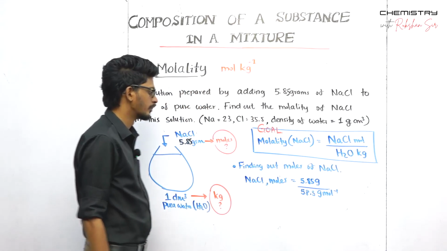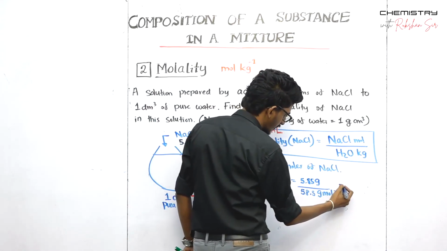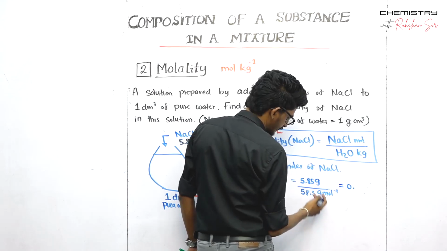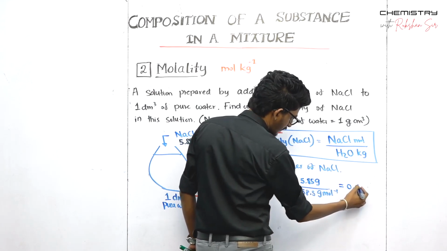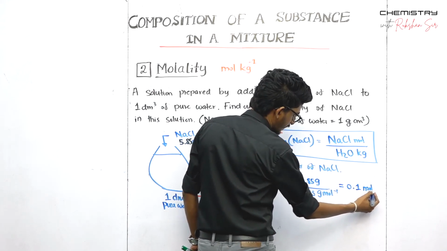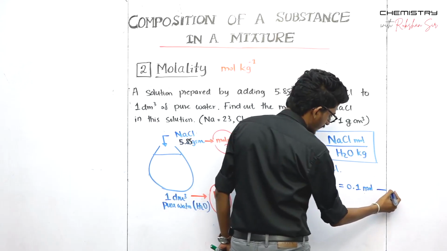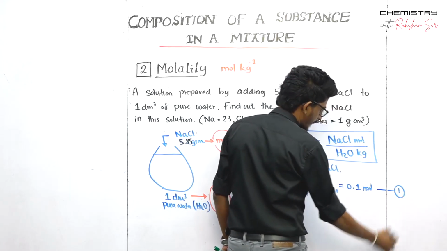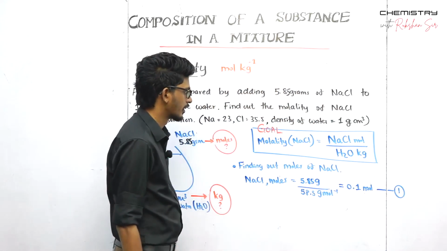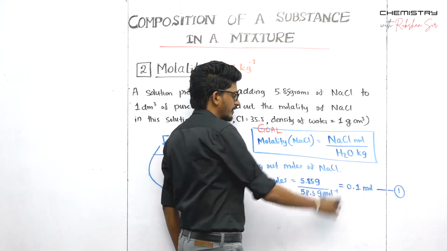So the moles of NaCl is going to be then 0.1 mole. That is our first part, coming up with the number of moles of NaCl.